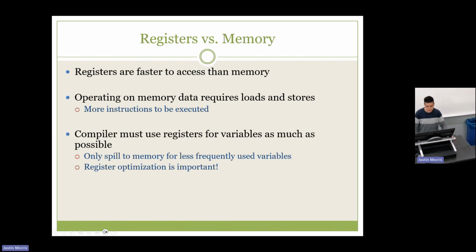And the compiler must use registers for variables as much as possible, rather than going back and forth from memory. So this register optimization is important because registers are much faster than memory. You just want to load a few things, work on them in the register file, and then when you're done, put them back into memory. You don't want to keep going back and forth.